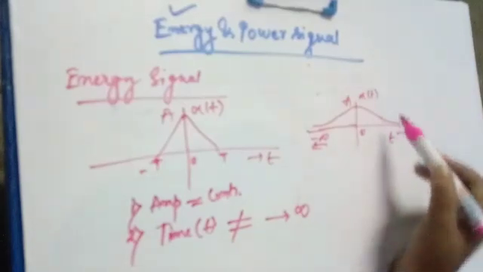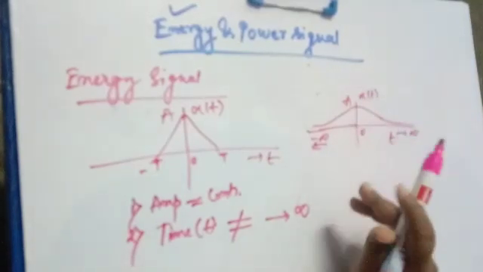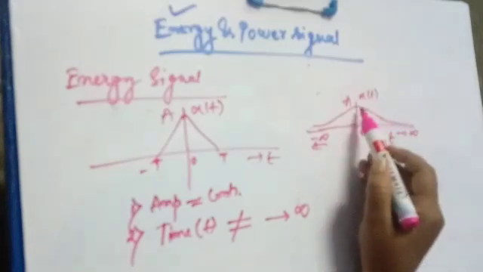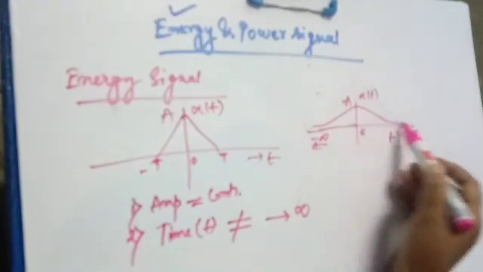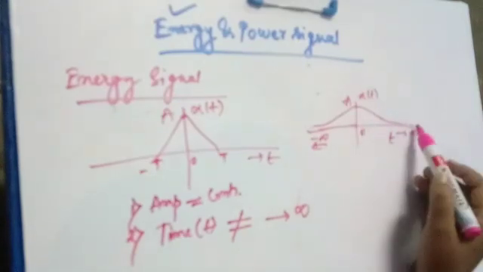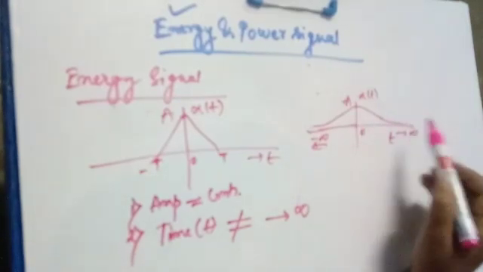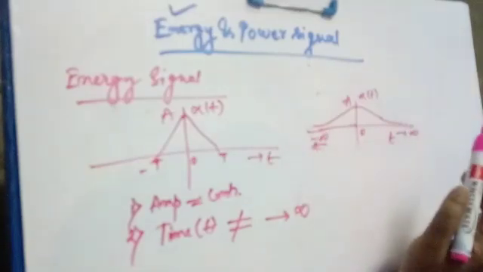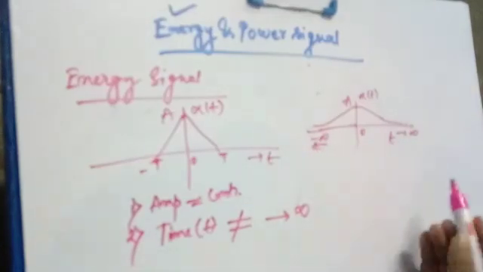This figure shows that the amplitude of the signal is decreasing, and when it reaches minus infinity or plus infinity, the amplitude will become 0.